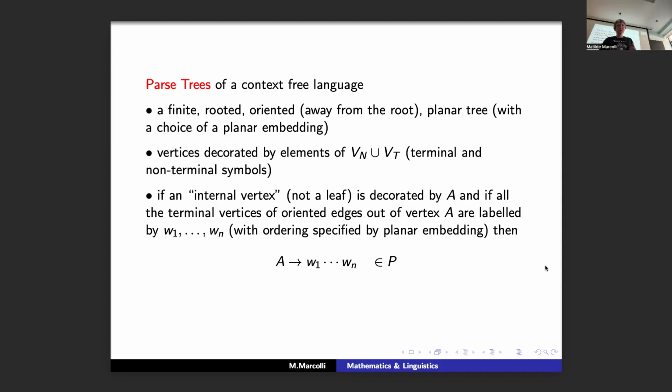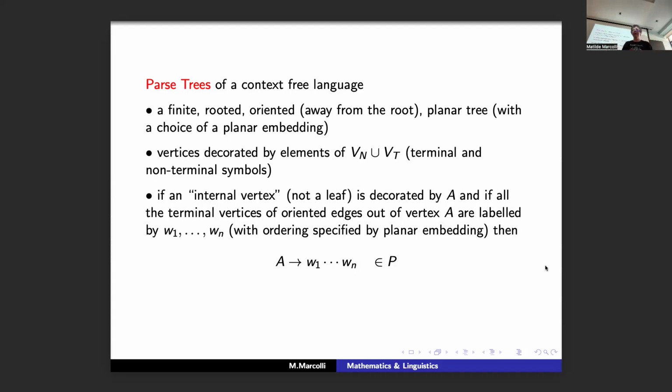These are planar trees. They're rooted. They are not binary trees; they have any arbitrary arity of the vertices.